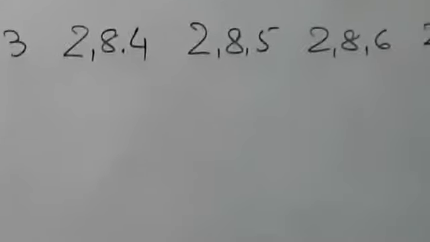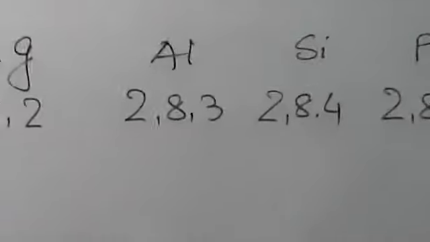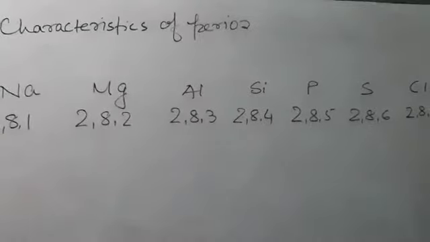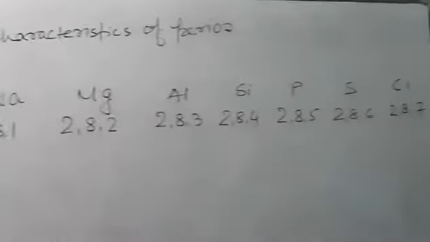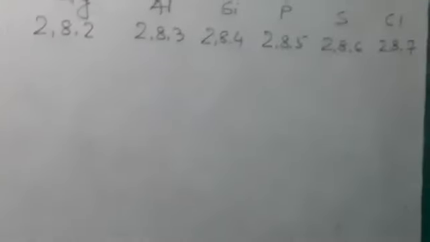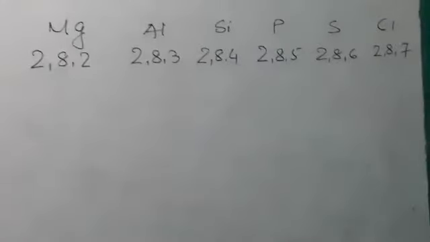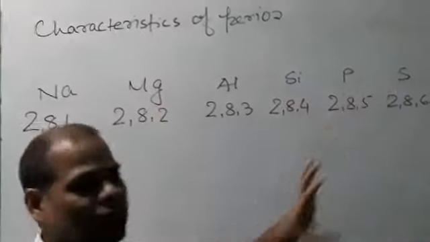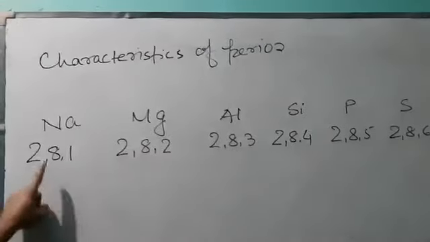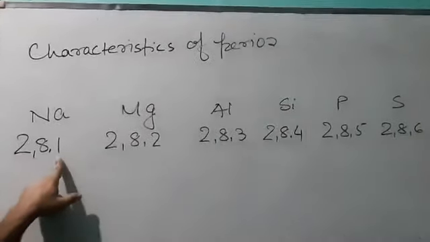So now you can understand which group and which period they belong to. Obviously you will say these elements belong to the third period, because here n is equal to 3.